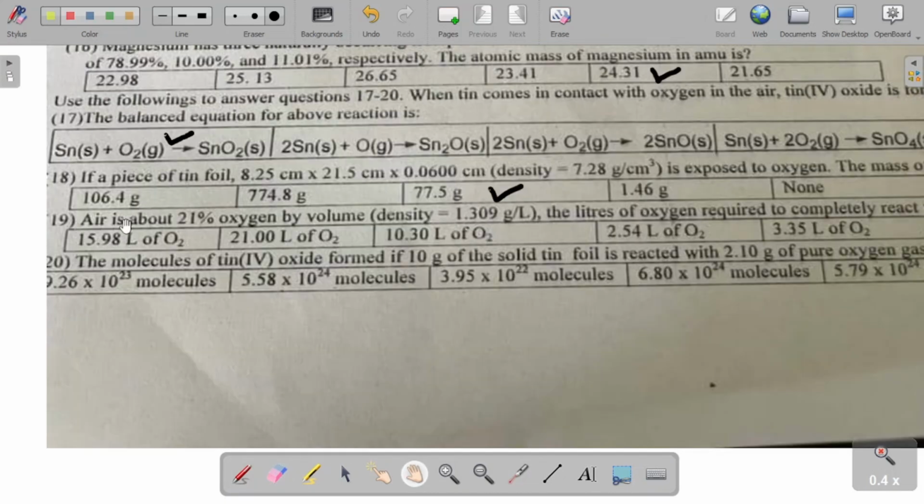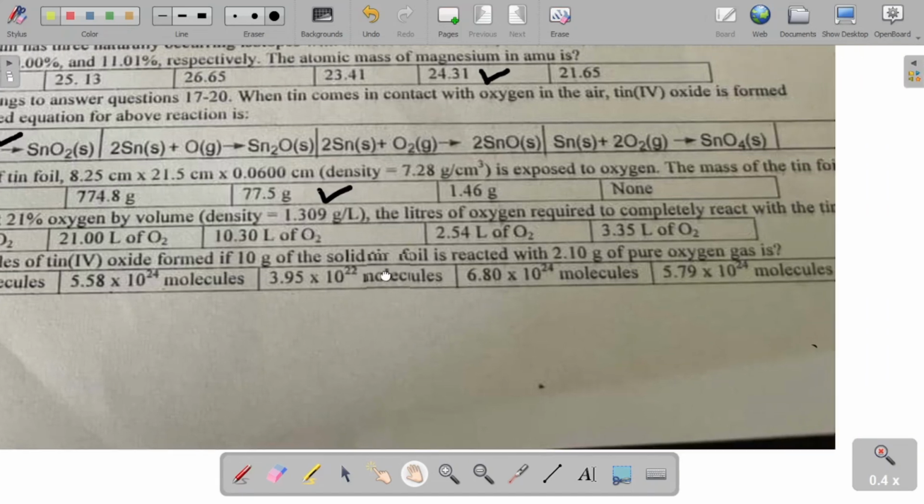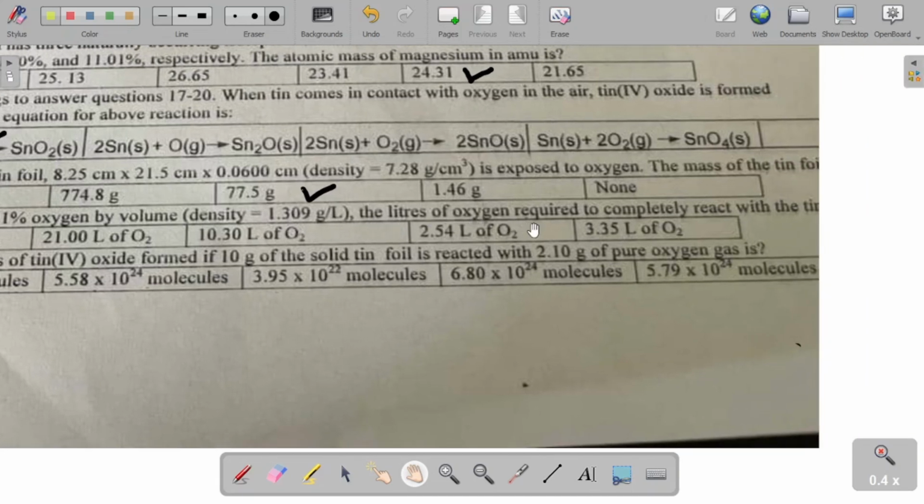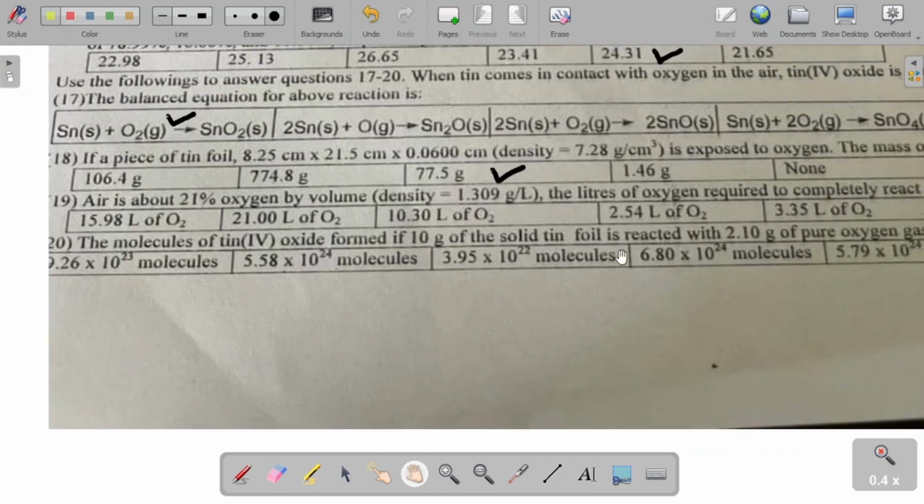All right, let's do number 19. Number 19 says air is about 21% oxygen by volume. They give you the density there as 1.309 gram per liter. They also ask for the liters of oxygen required to completely react with tin. I think that's the question there.